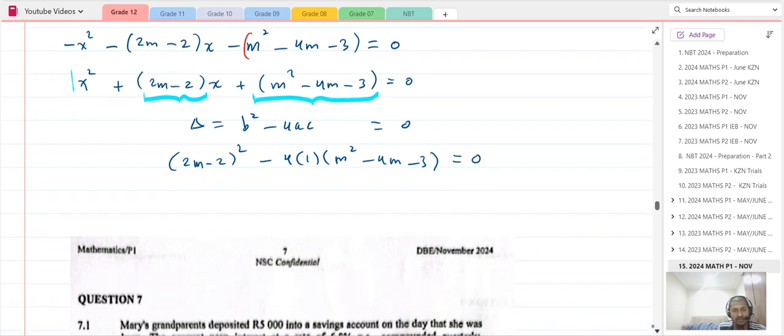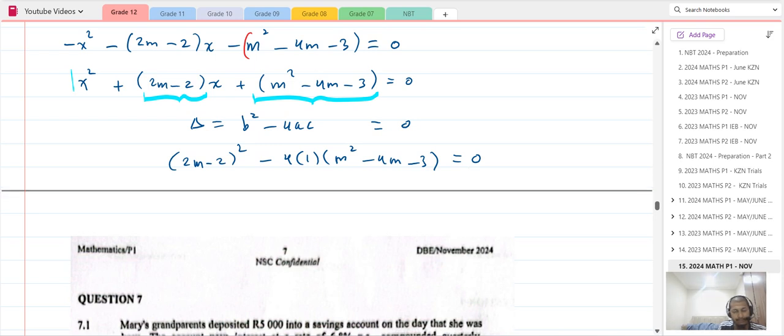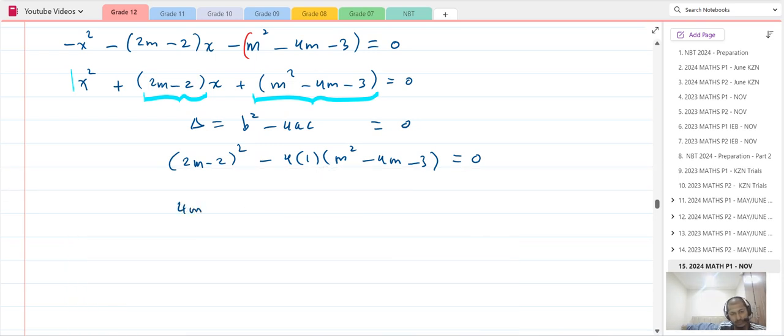Right, now we can solve this equation and solve for m. So we have 4m squared minus 4m minus 8m, double that as plus 4, minus 4m squared plus 16m, because 4 times 4 minus 4 times minus 3 plus 12 is equal to 0.